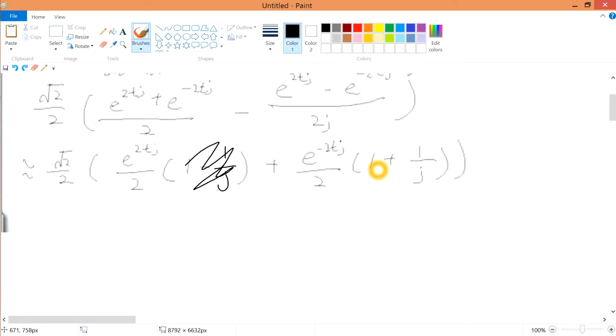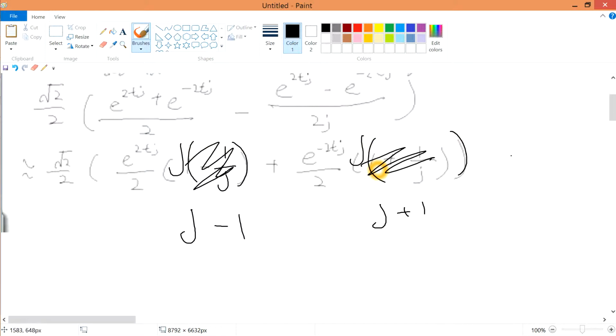Yes, it should be j minus 1, correct. And then this thing can also be rewritten as j plus 1, correct? I'm just multiplying everything by j, and because it equals 0, multiplied by j is just 0 still. This is why I assume that they are equal to 0.